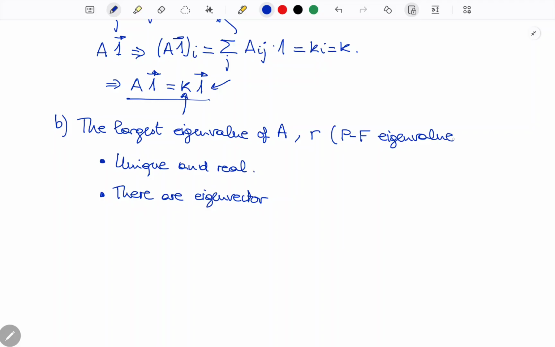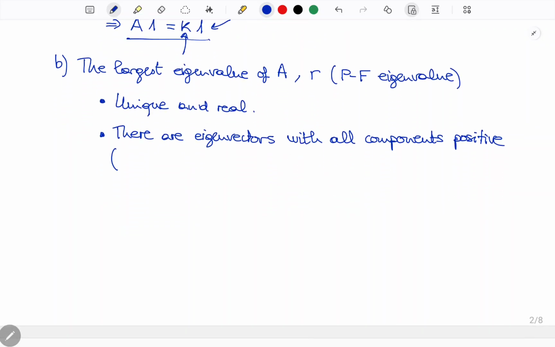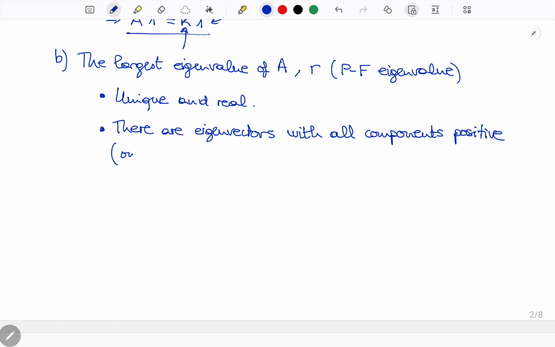There are eigenvectors with all components positive, and this is very important. There isn't any other eigenvalue with an associated eigenvector with all the elements positive. So this only happens for this eigenvalue.